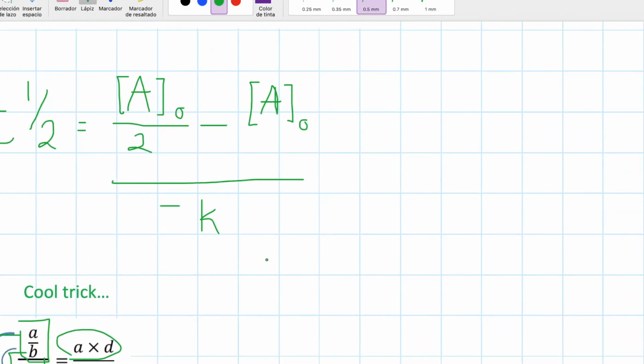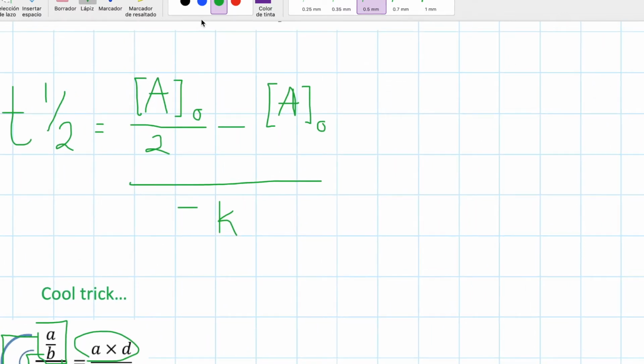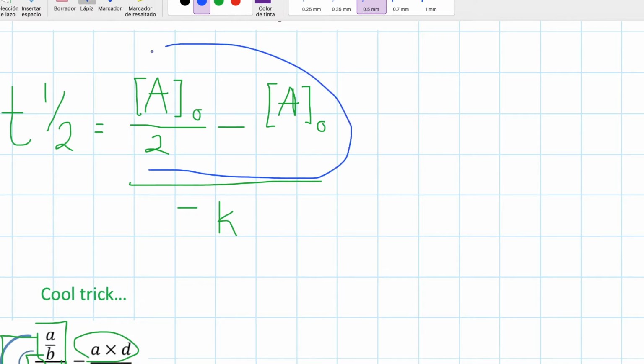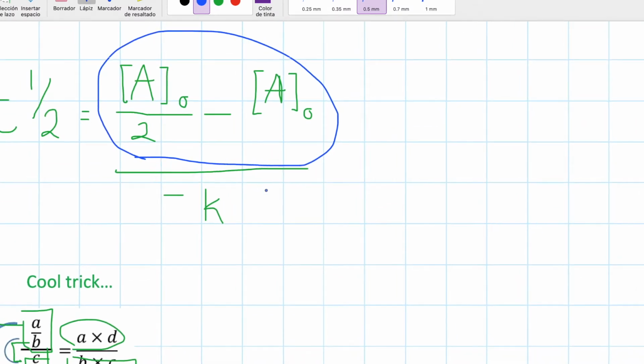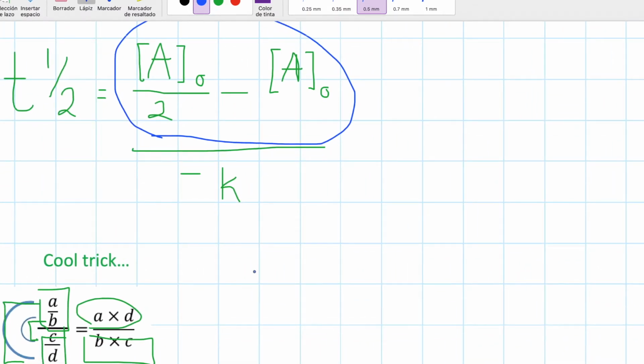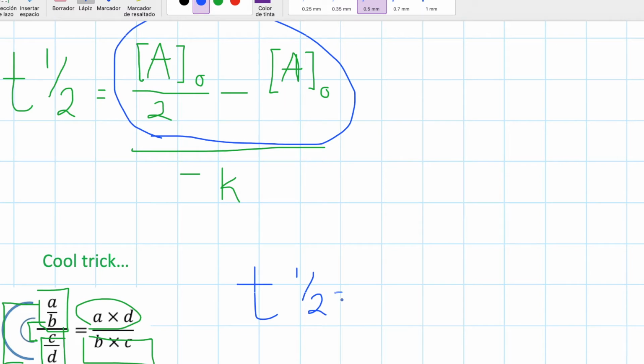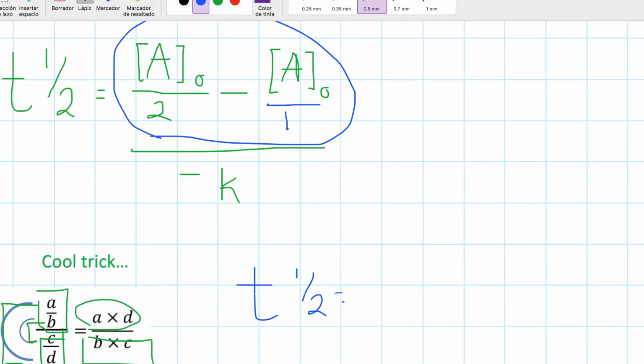Right here, we want to rearrange this numerator because it's a little bit weird and messy. So let's try to simplify it. We would have t1/2 equals, actually we have a 1 right here, it's there, but we don't write it.